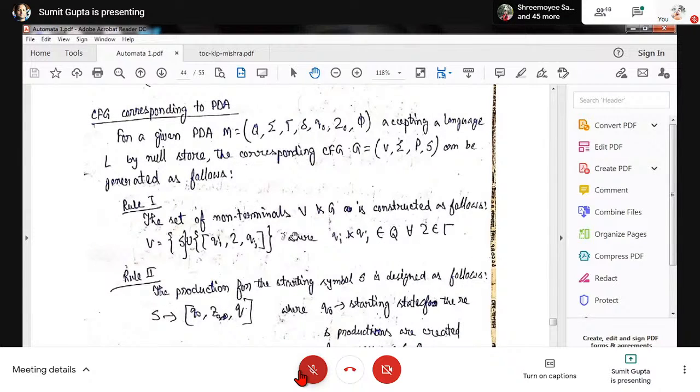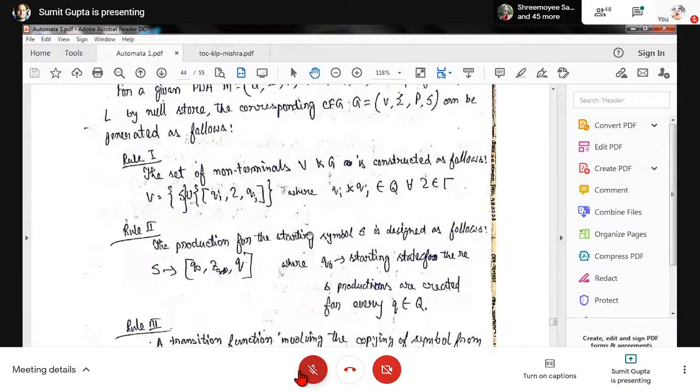The second rule states the productions for the starting symbol S are designed as follows. So S will be given by [Q0, Z0, Q]. Where Q0 is the starting state of the read head, and what is Z0? Z0 is the initial symbol on the pushdown store, and Q belongs to capital Q.